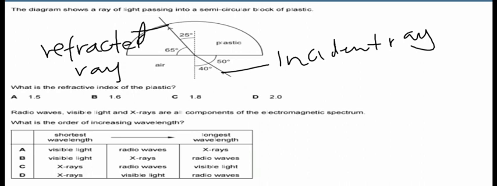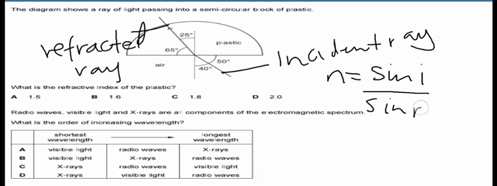Okay, so the question is saying, what is the refractive index of the plastic? Refractive index is denoted by small letter n, given by sine of the angle of incidence, which is i, divided by sine of the angle of refraction. It is very, very important for you to know the angle of refraction here and also the angle of incidence. The angle of incidence is formed between the normal and the incident ray.